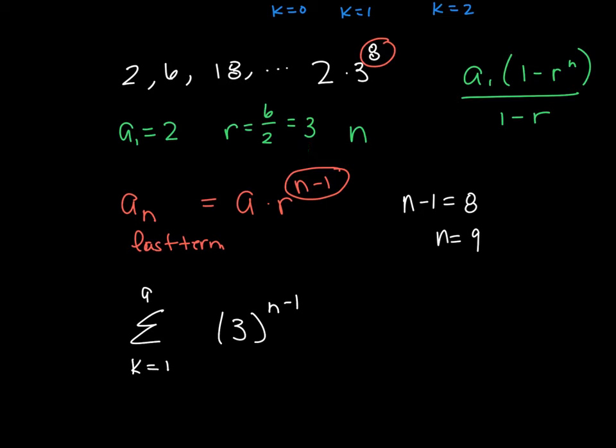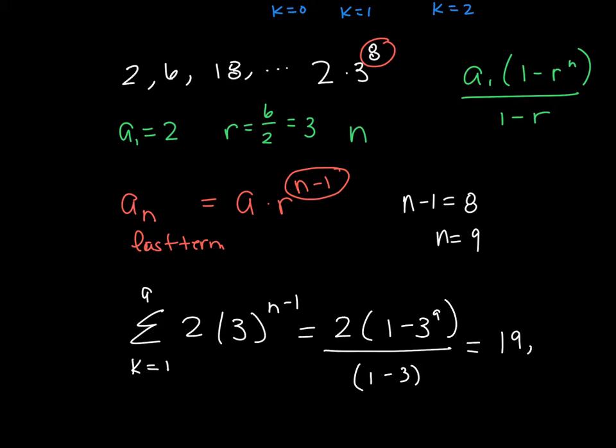Remember, we found the ratio up here, so all I need to do is put that 2 inside there. And I know all of that is equal to my formula A1 times 1 minus R to the N over 1 minus R. So I plug that in, and I get 2 times 1 minus 3 to the 9th, all over 1 minus 3. Just plug that into your calculator, and you'll get 19,682.